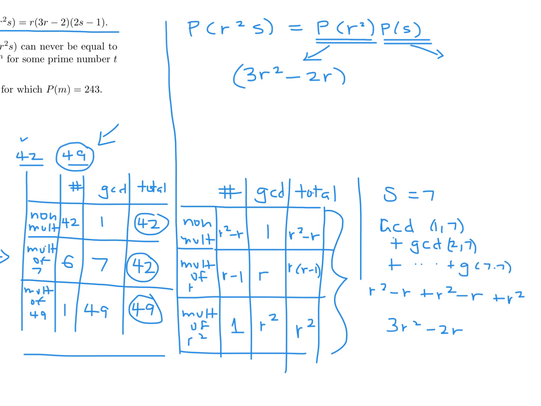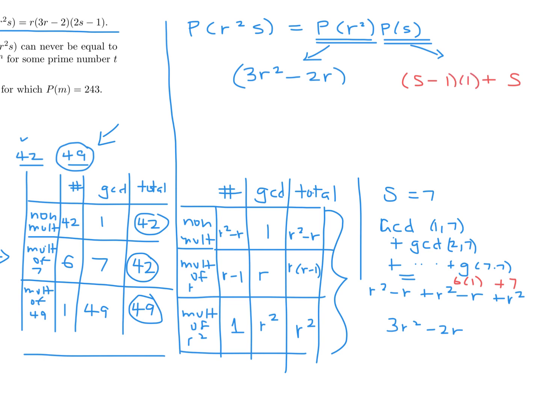Yeah, so that looks to me like it will be, well, the GCD of 7, 7 is just 7, and all these other guys are 1, and there's 6 of them, so it'll be 6 times 1. So this is 13. Similarly, that's going to be S plus (S minus 1) times 1. Yeah.